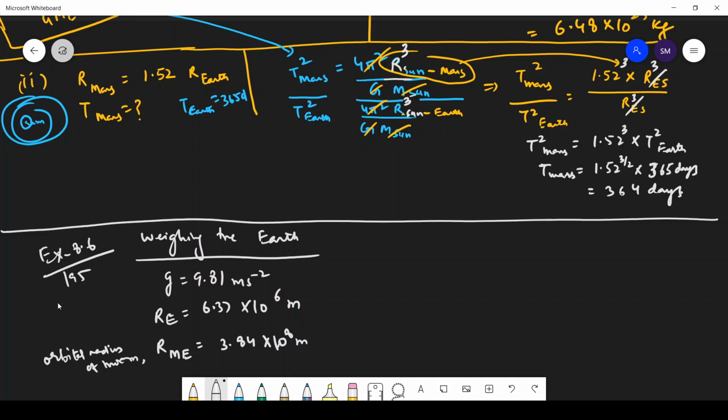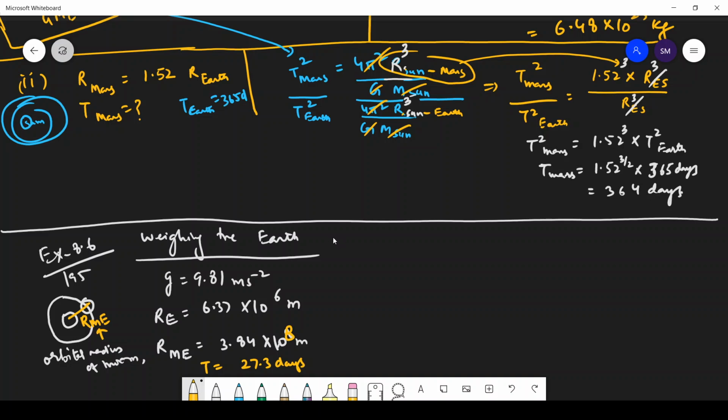You know what this orbital radius is? This is your Earth, and this is your orbital radius, and this is your Moon. So this distance, from the center of Earth to the center of Moon, is your R_ME, the orbital radius of the Moon. That 10 raised to the power 8 is given to us, and the time period of one revolution for the Moon is also given to us, that is 27.3 days.